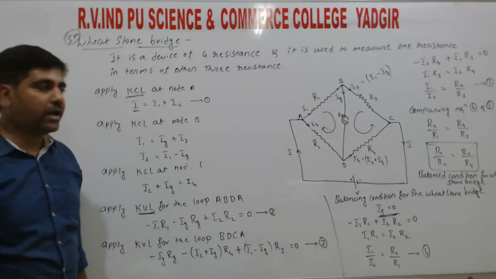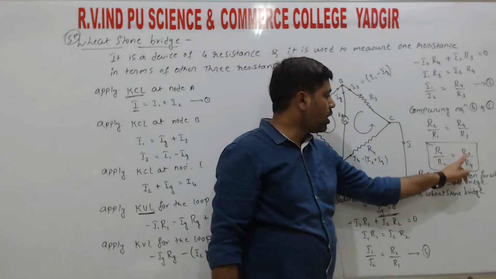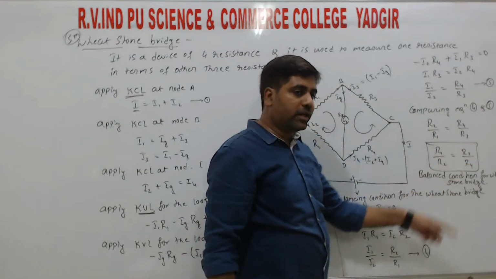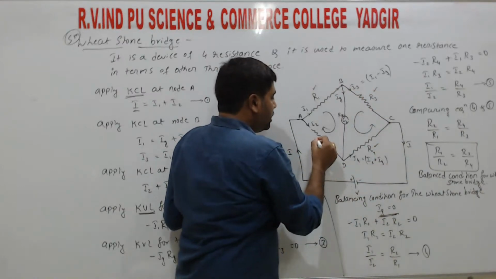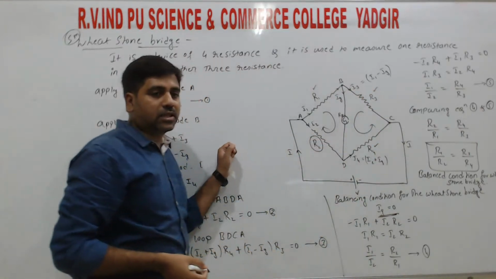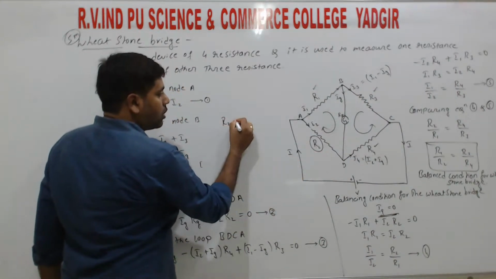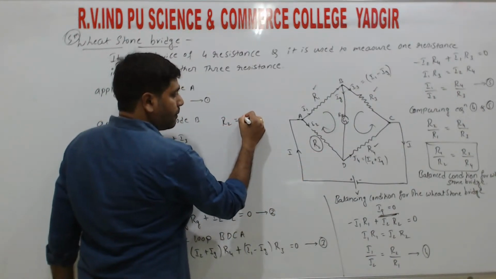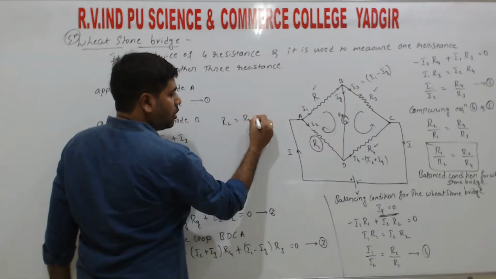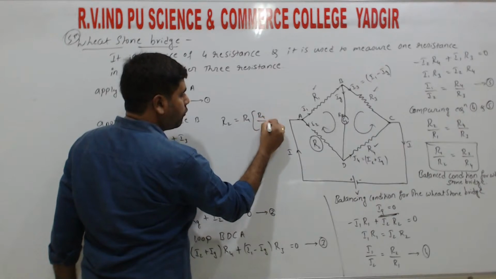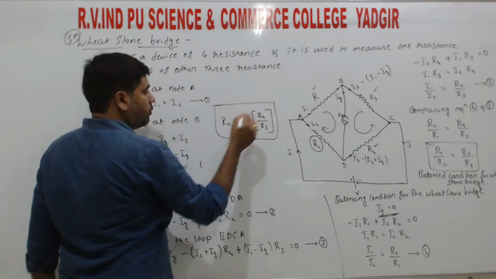by R4. Right? So here we have the 4 resistances R1, R2, R3, R4. Out of these 4 resistances, if we have the values of 3 resistances, then we can easily find the 4th resistance value. If R2 is the unknown resistance, we can find R2 equals R1 into R4 by R3.